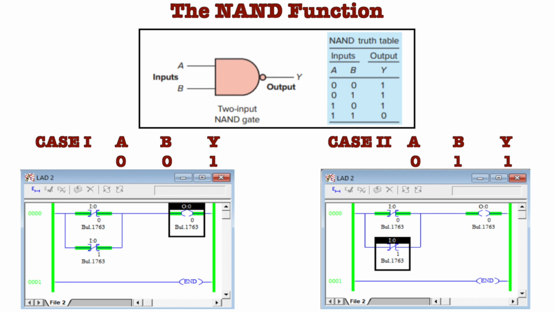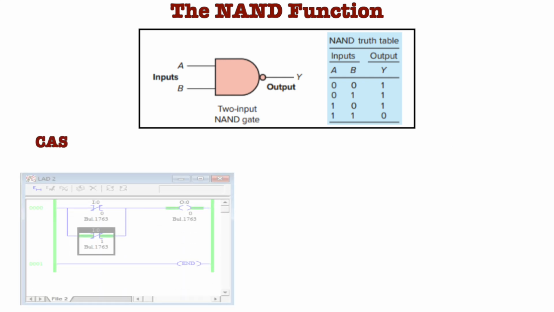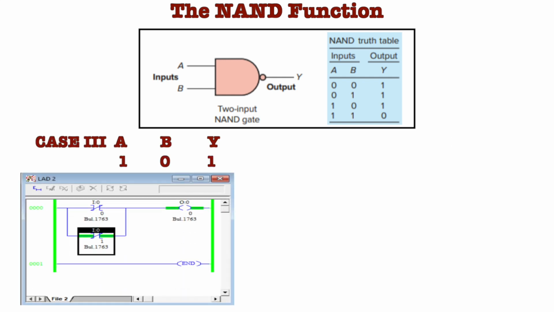But in this case also we will get high output through the rung 1, or through the switch A. In the third case with A 1 and B 0, the first switch A will change its state from normally closed to normally open, and since B is 0, the second switch will remain in its normally closed condition. So we will get power through the second switch, and we will get a high output in this case.